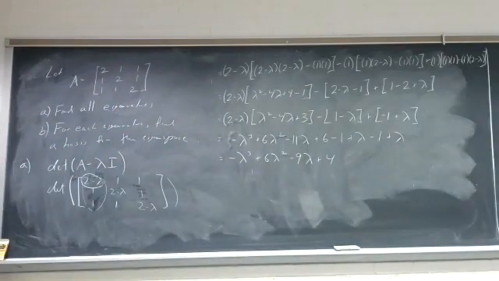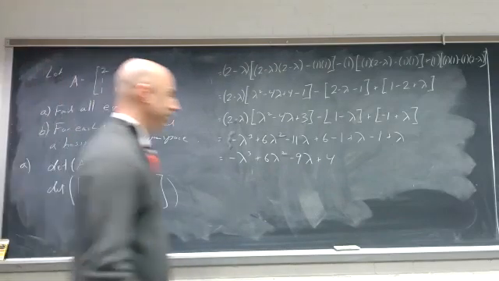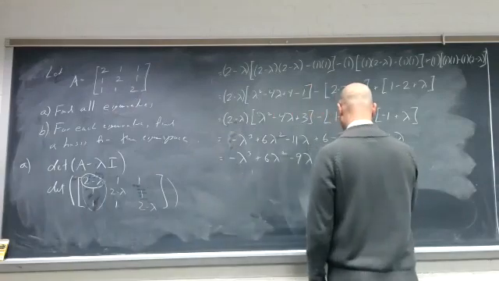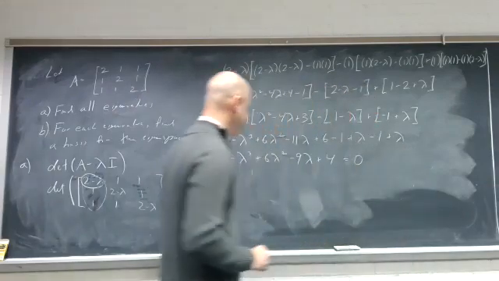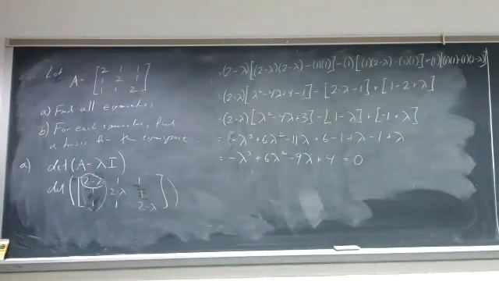And we're going to have to set that equal to 0. So we just took the determinant of A minus lambda times the identity, and we're going to set it equal to 0.